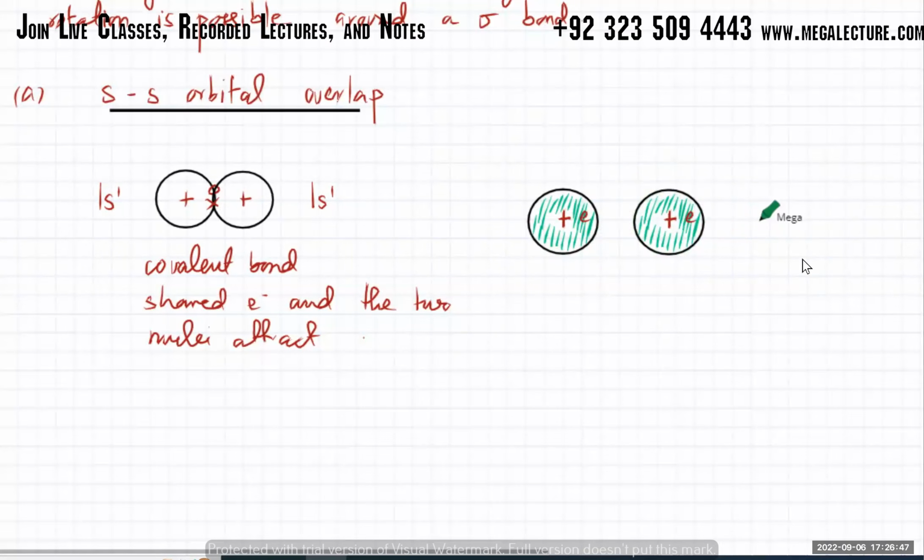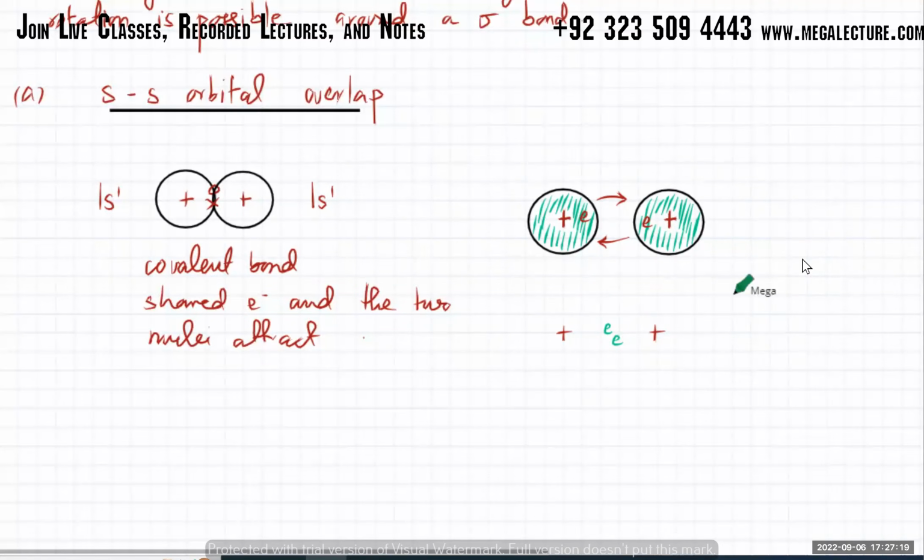And both atoms will try and pull each other's electrons. So both of them will try to gain that negative charge. The end result is that the nuclei stay the same, but the greatest probability of finding the two electrons would be in this middle area over here, because the two electrons will be stuck over here.